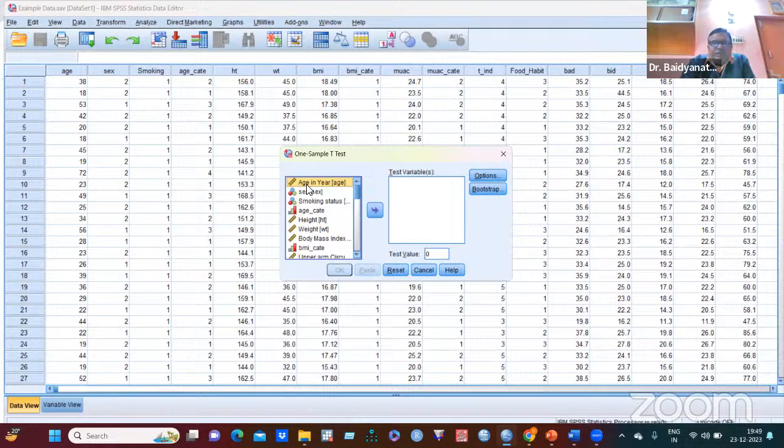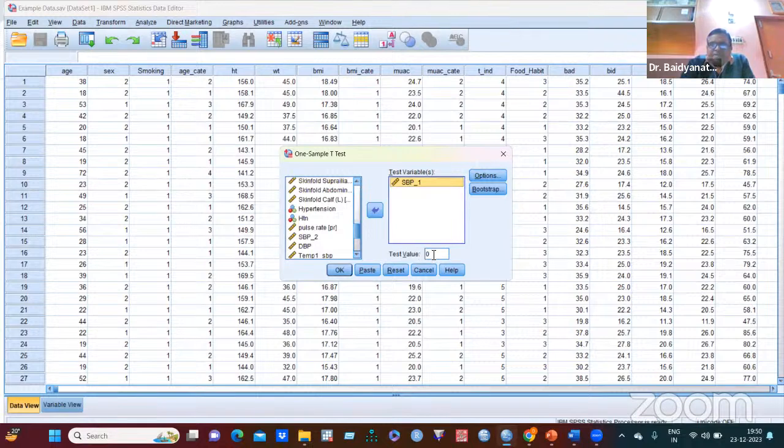From here we choose a continuous variable, that is systolic blood pressure. I put it here, and there are 745 individuals, that's why you get the mean and standard deviation also. I want to compare this mean with the test value.